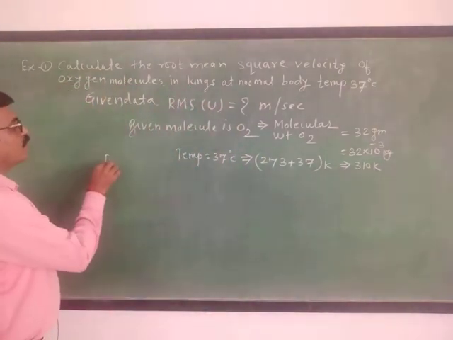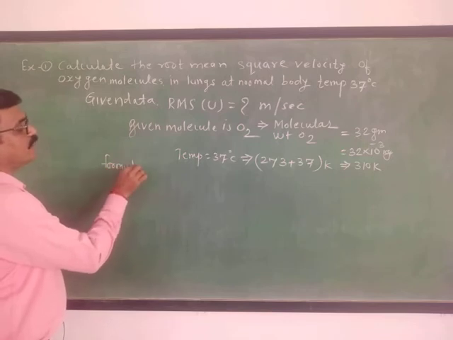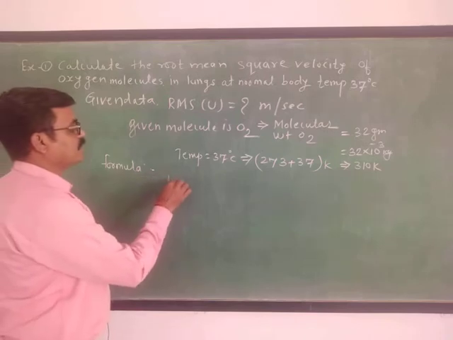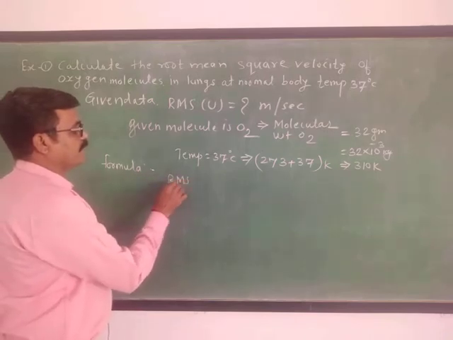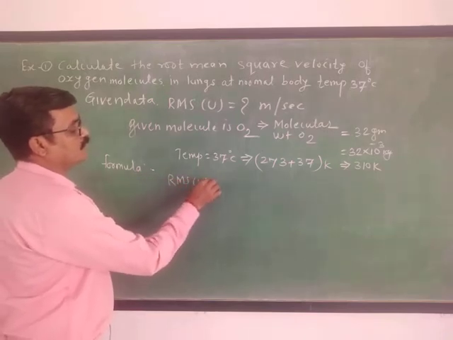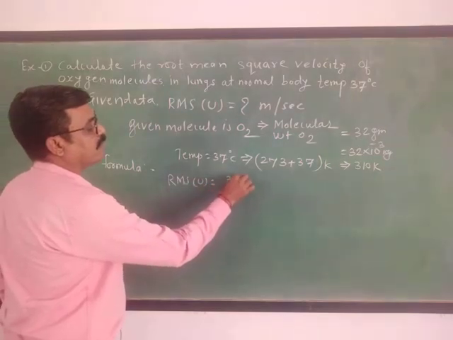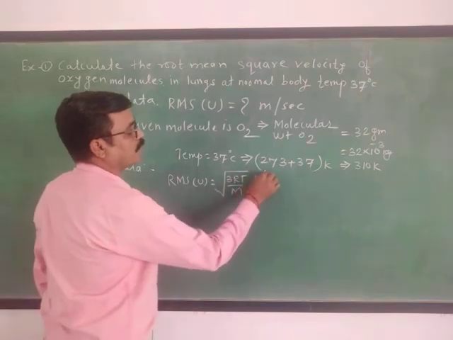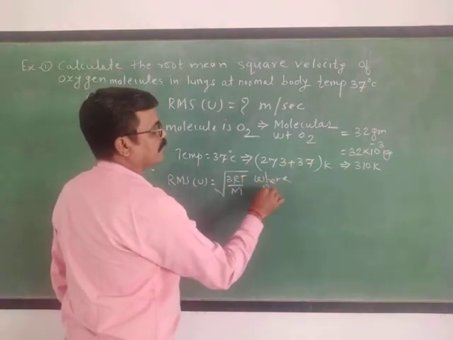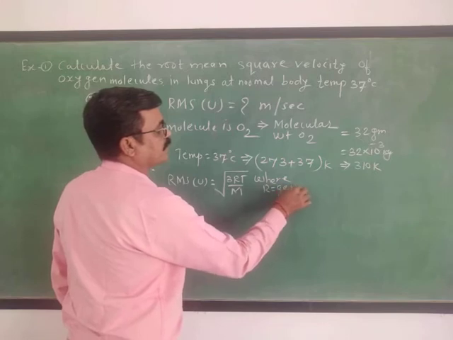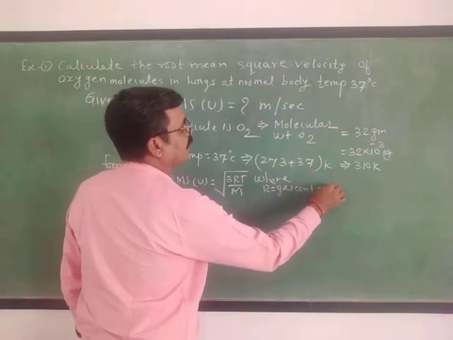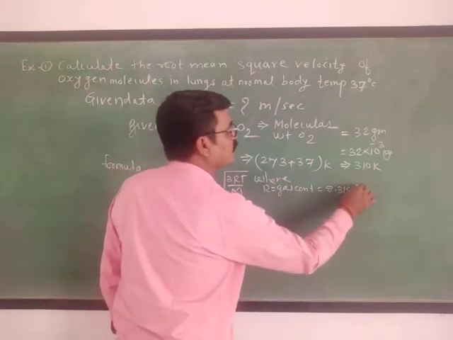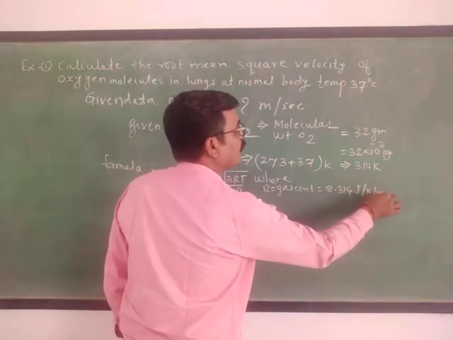Now what is the formula? You know the formula for RMS velocity: U equals the square root of 3RT upon M. Where R is the gas constant, and its MKS value is 8.314 joules per Kelvin per mole.